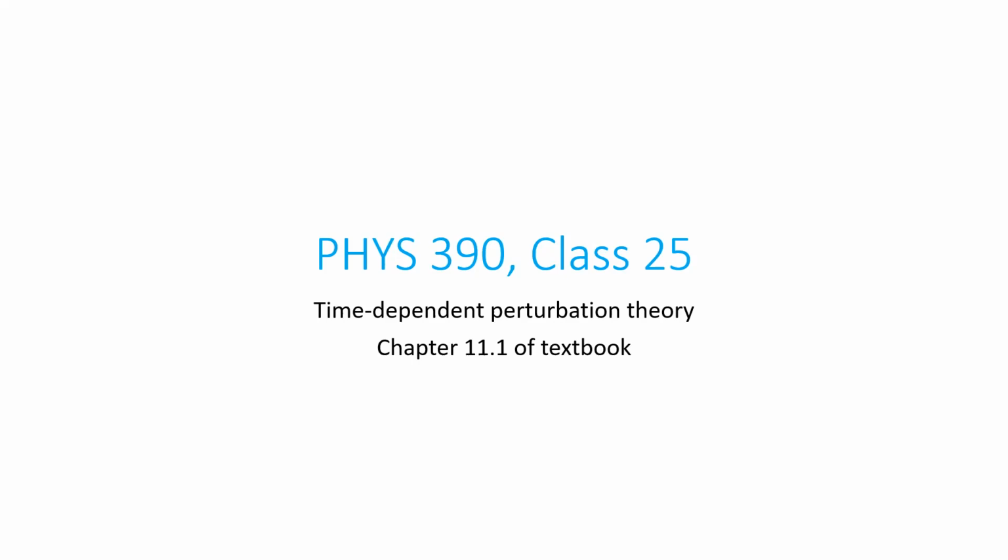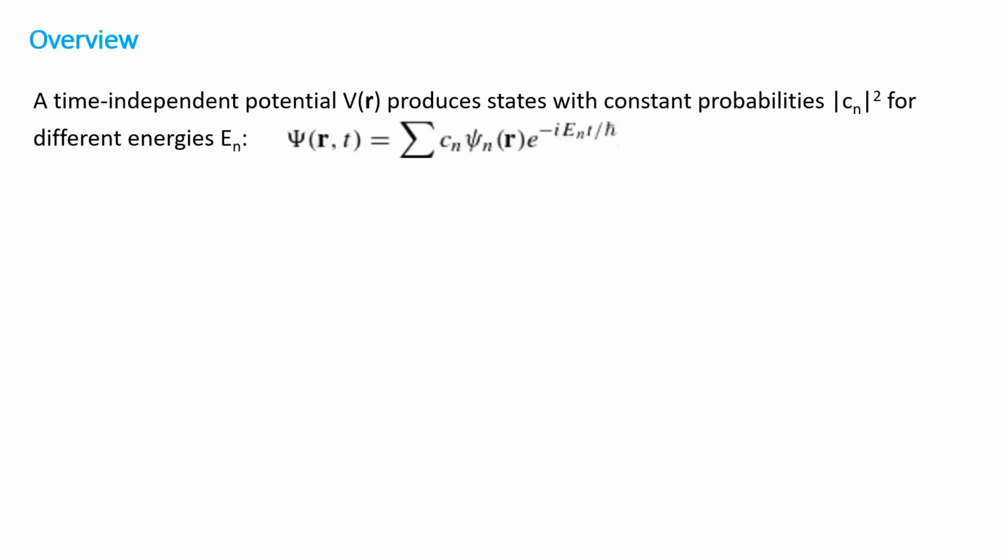And we'll see a couple of techniques. We'll treat two-level systems, and we'll see how the perturbation theory works when the perturbation is time dependent. This material comes from chapter 11.1 of our textbook. Okay, let's take a look here.